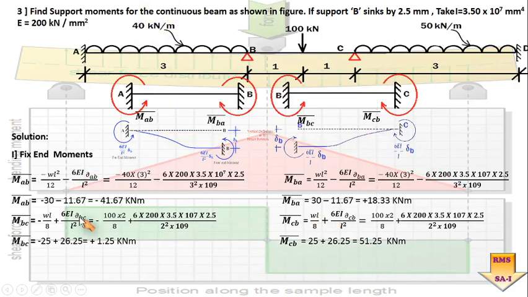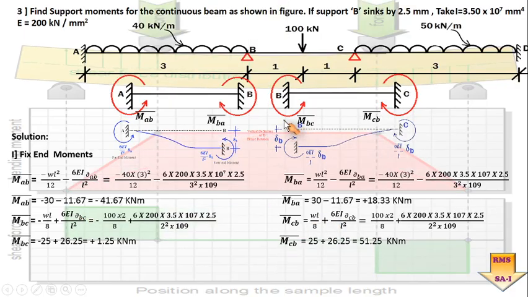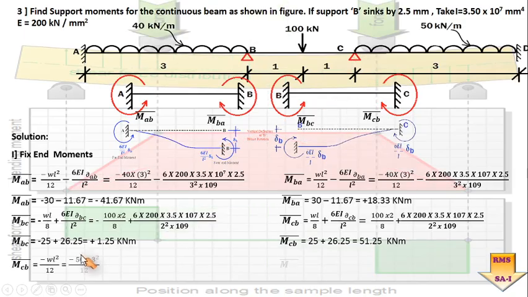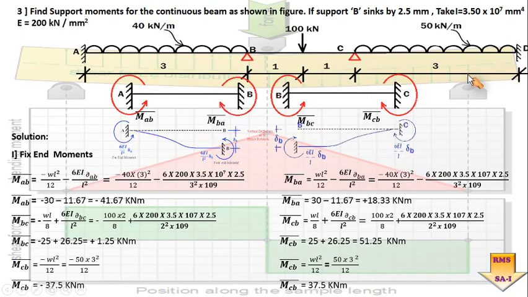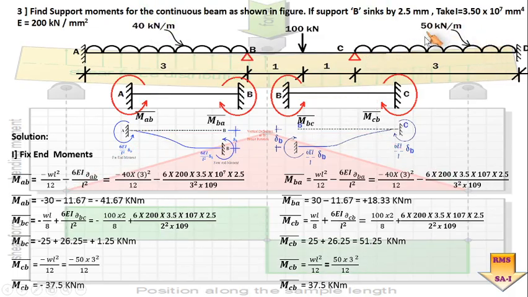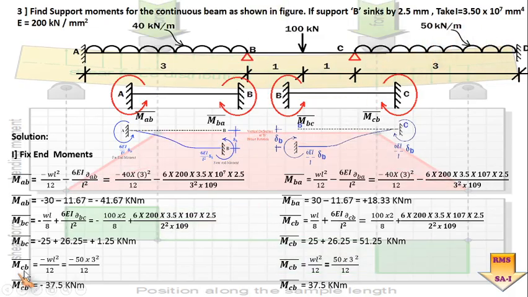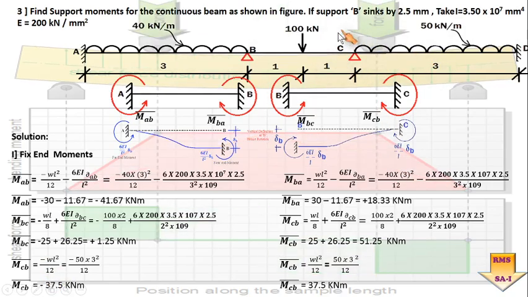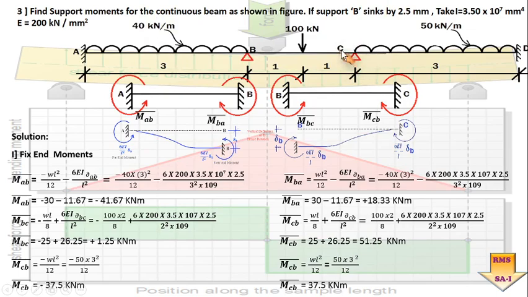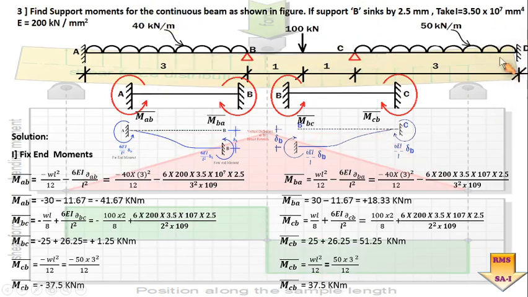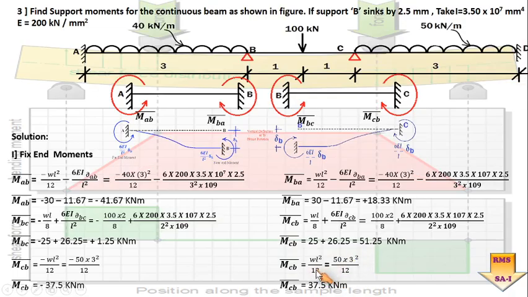So this is how we have found out the fixed moment about point B as well as point C. Similarly for the third span, that is MCD, it is again loaded with the UDL throughout the length, so standard case, WL square by 12 minus, because it is forming an anti-clockwise couple about point C, and on the right hand side near joint D it is clockwise, so it is equal to plus.